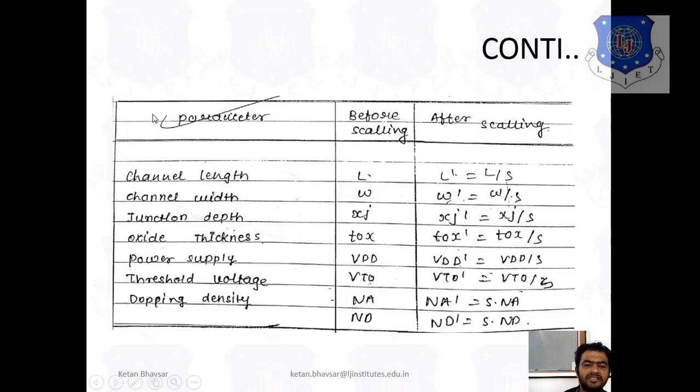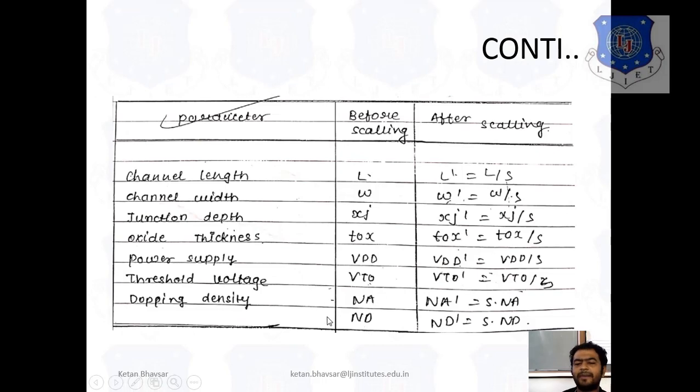We have certain parameters like channel length, channel width, junction depth, oxide thickness, power supply, threshold voltage and doping density. The channel length is represented by L, channel width by W, junction depth by Xj, oxide thickness TOX, supply voltage VDD, threshold voltage VTO, and doping density, which can be acceptor or donor, so it is Na and Nd.